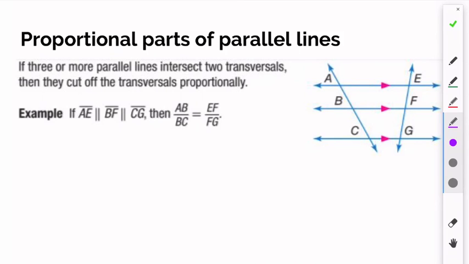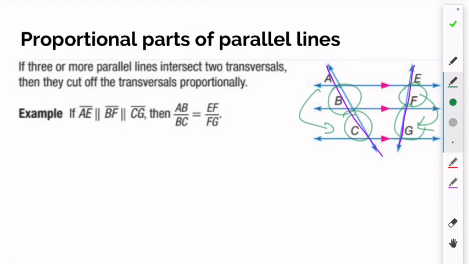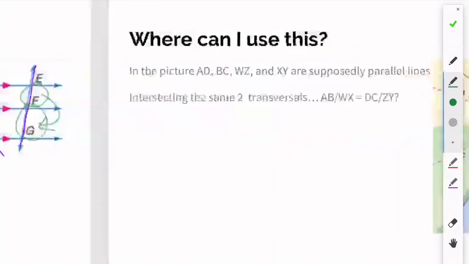So AB over BC, this side right here and this side right here, has to be equal to EF over FG. They have to be the same because these are parallel lines cutting the same transversals, so they have to be proportional. So that's all this is saying.